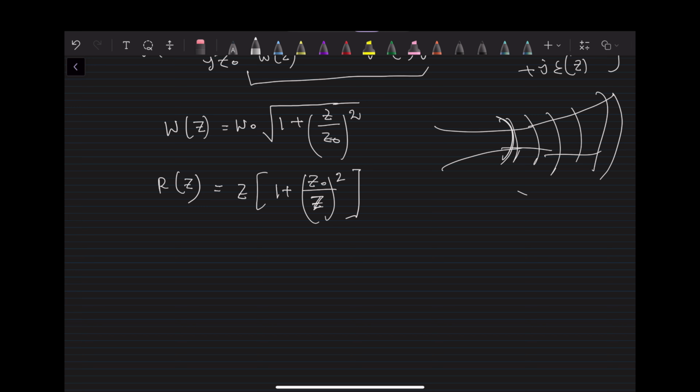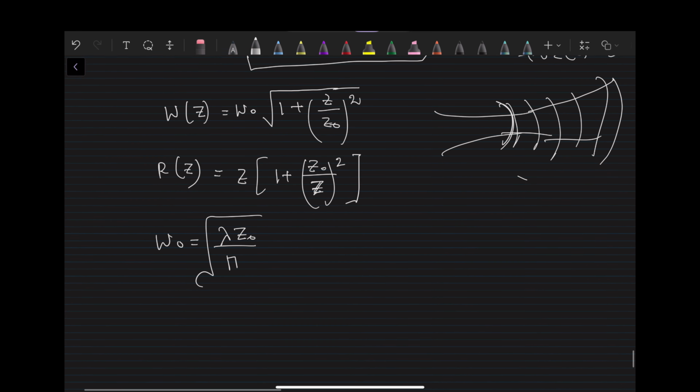Then what else do I need to talk about? Now we want to know the relation between the minimum width and the Rayleigh range. That's also very important, because if you are given the width, you can find the Rayleigh range and vice versa. Let's talk about the properties for now.